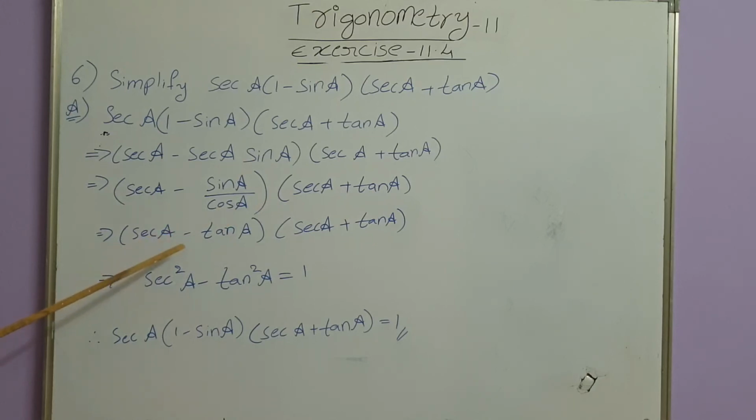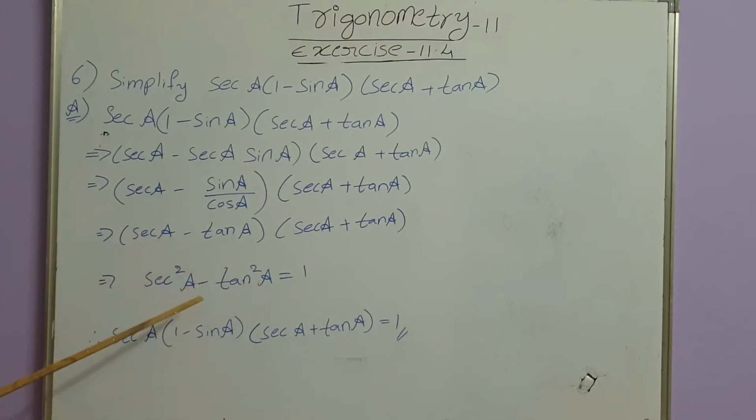Sec A into sin A by cos A, tan A, into (sec A plus tan A). See this equation: (sec A minus tan A) into (sec A plus tan A), like (A minus B) into (A plus B), so A square minus B square.